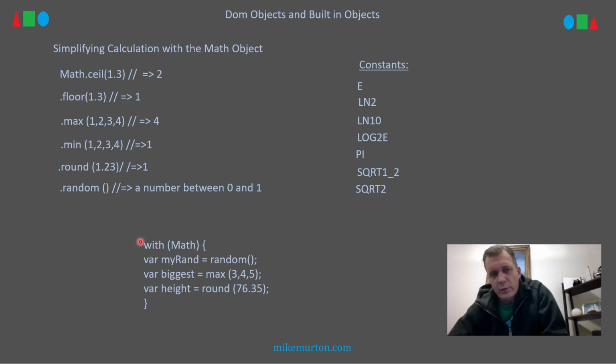So in the block of code where we're going to declare a lot of variables with methods, we would say with math in parentheses, left bracket, right bracket, and we would make our declarations of our variables. myRand, biggest, height. myRand is equal to random instead of Math.random. Biggest is equal to max instead of Math.max. Height is equal to round instead of Math.round. It just saves us some time typing.